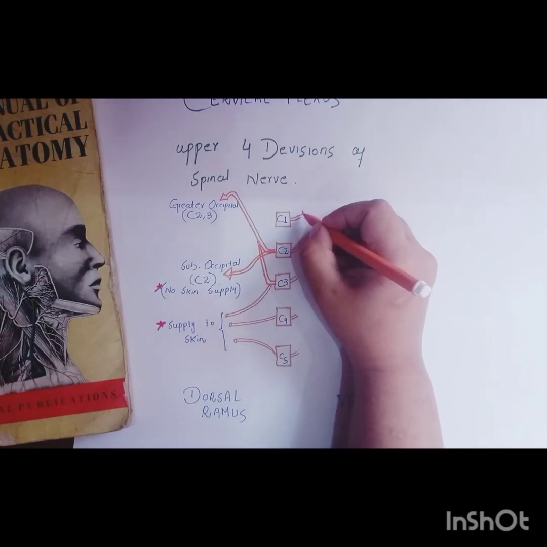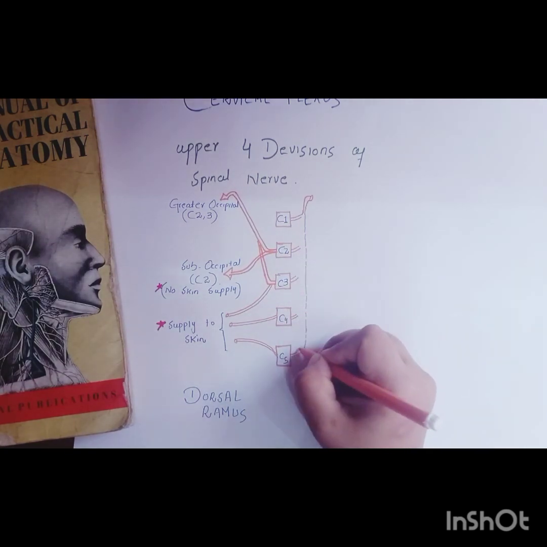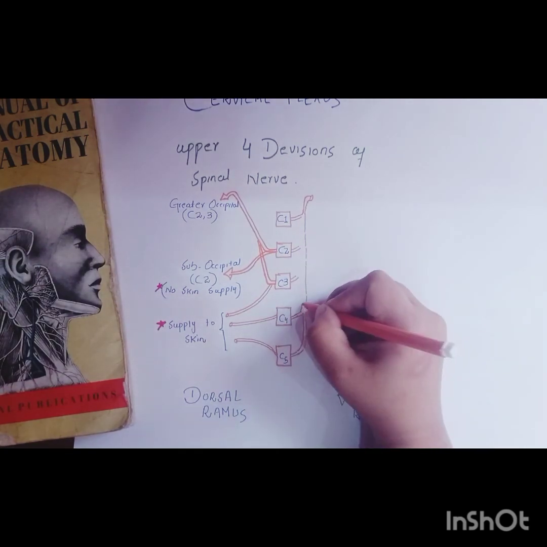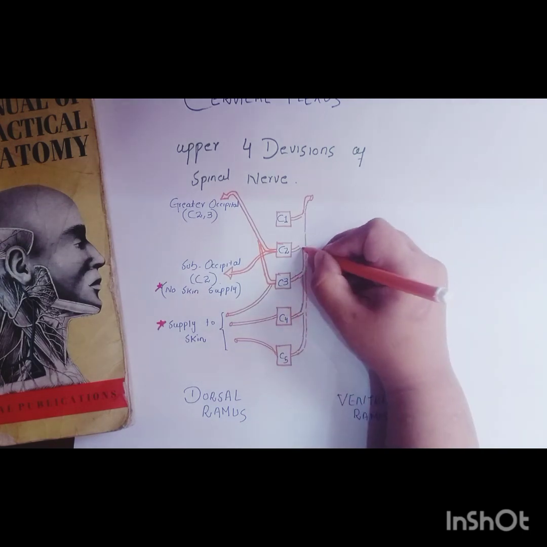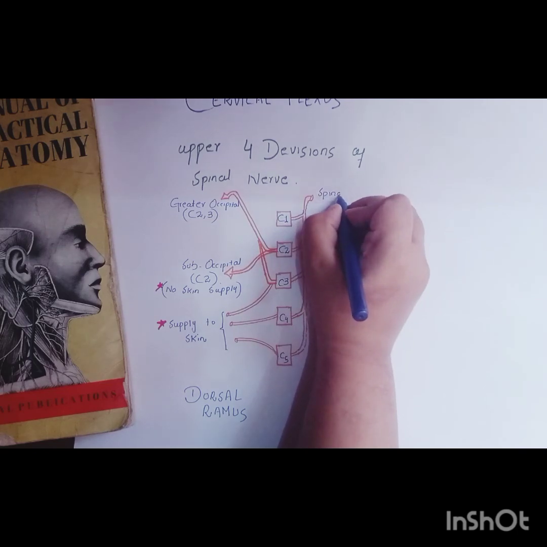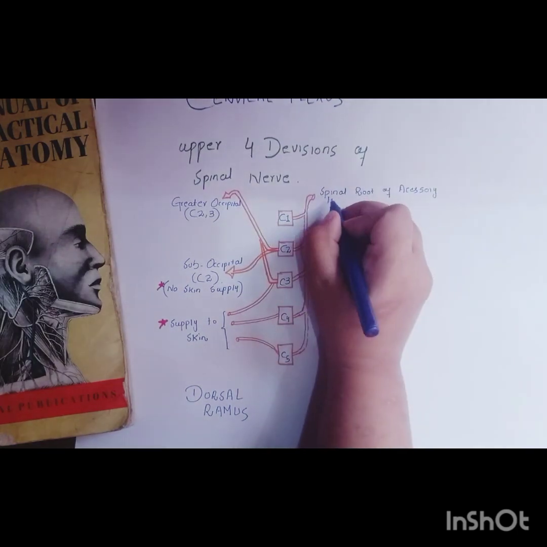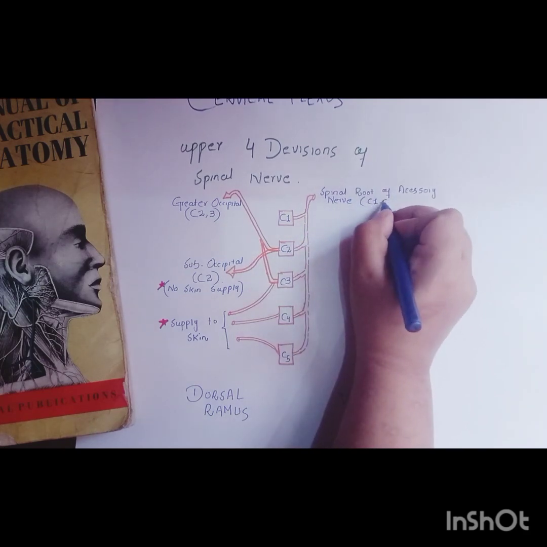Now I will explain the different branches of the ventral ramus. The first one is the accessory branch, which arises from all five cervical vertebrae, and this is the spinal root of the accessory nerve from C1 to C5.